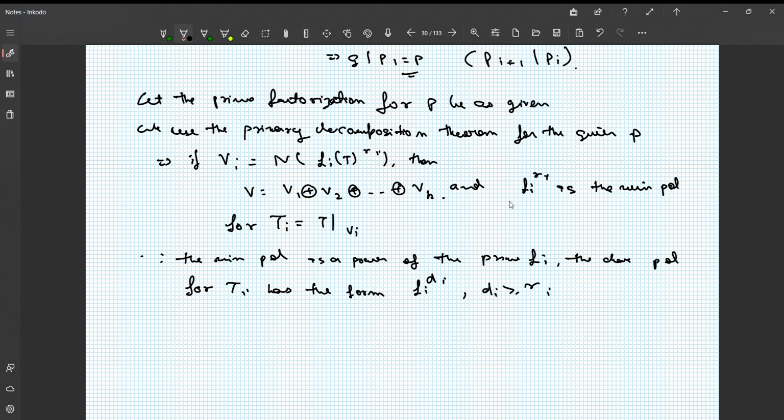Di is clearly greater than or equal to Ri, right? Now obviously Di is basically the dimension of Vi divided by the degree of Fi. This is very obvious from the definition of a characteristic polynomial, right? Clear? Okay.